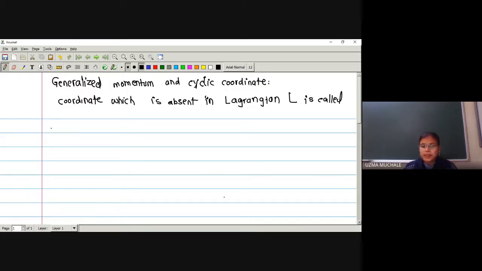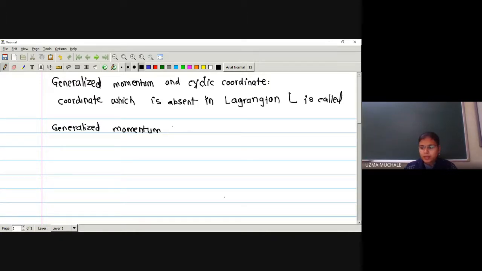Okay. Now we'll see what is the relation between cyclic coordinate and generalized momentum. Actually, generalized momentum is associated with the generalized coordinate. You can take the proof of this relation, but this is not for your syllabus. It is available in Satya Prakash book.